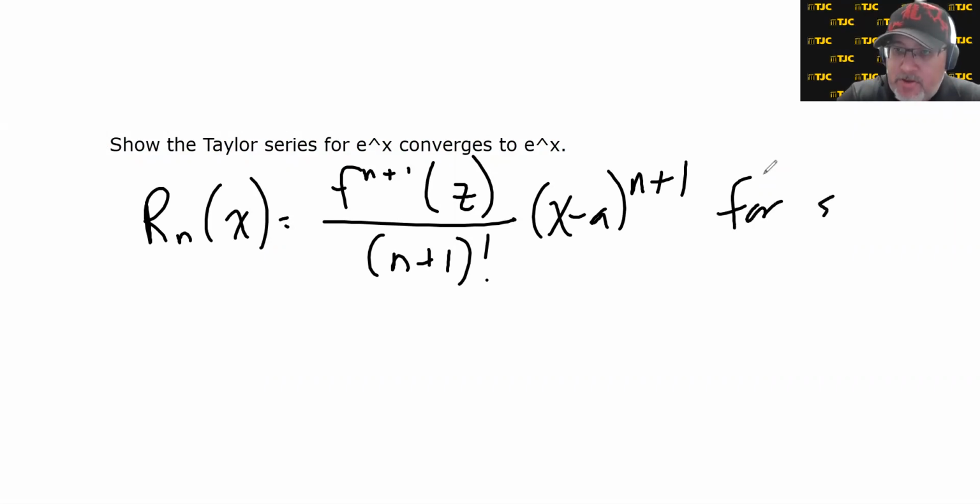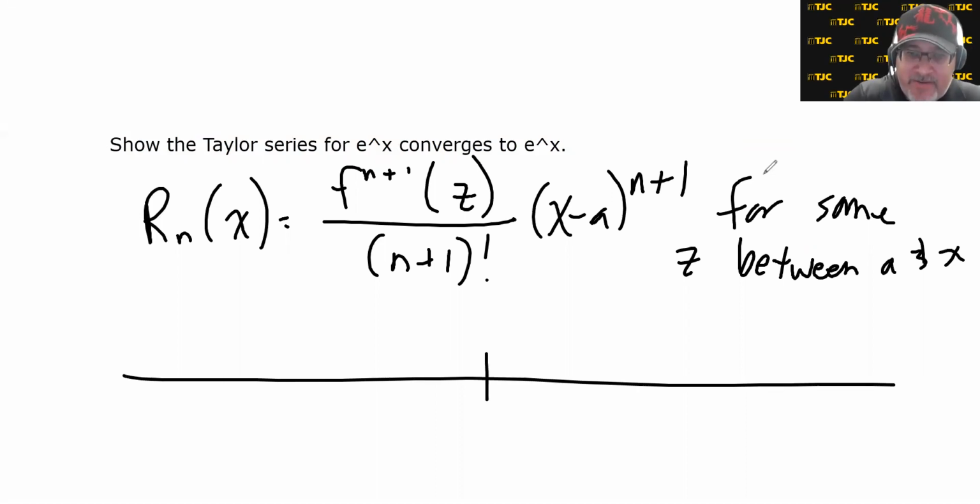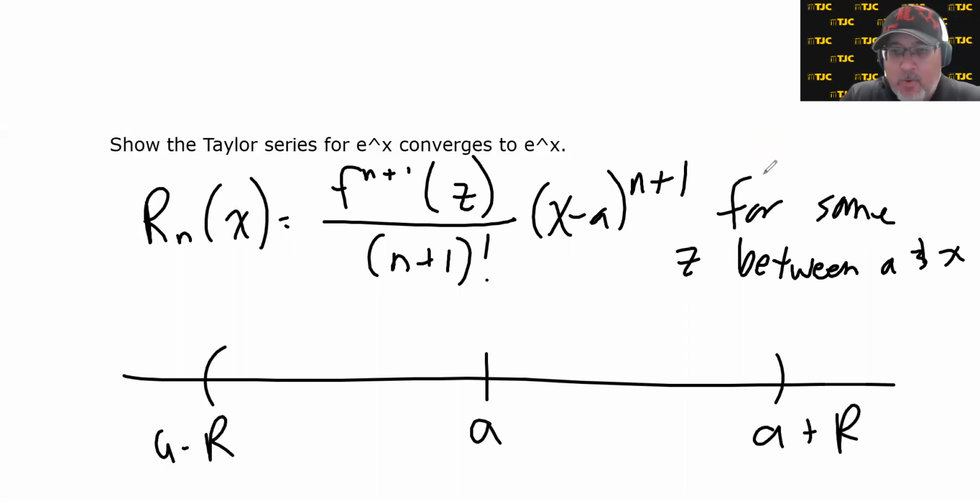for some z between a and x. Now the problem with that is that if the center is here and our interval goes to the left and to the right, whatever its radius is, we don't know if x is going to be greater than a or less than a.